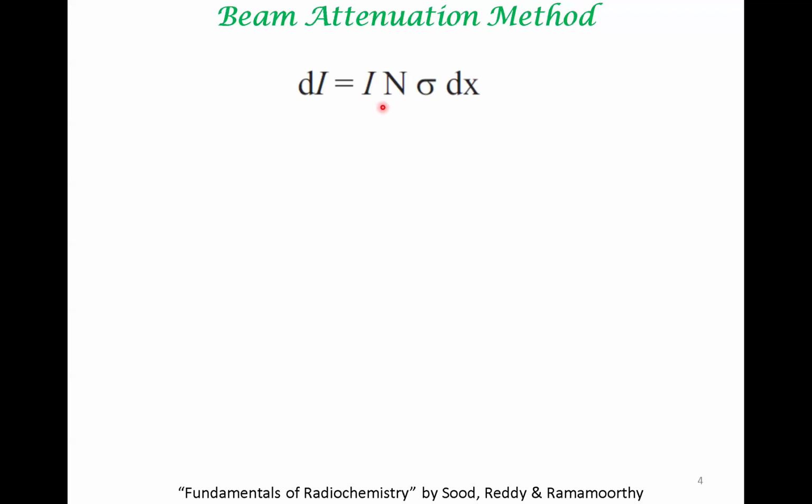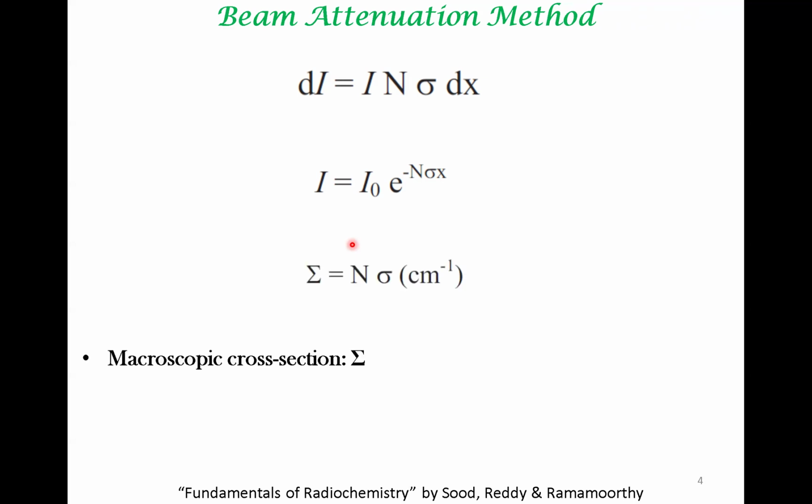Therefore, it is proportional to all these features: the distance through which the beam has traveled, reaction cross-section, target, and the intensity. So this decrease in intensity can be measured. And this formula is very similar to the Beer-Lambert law of optical absorption.